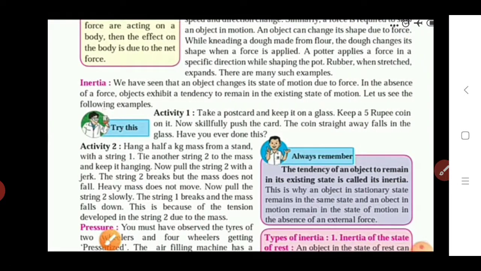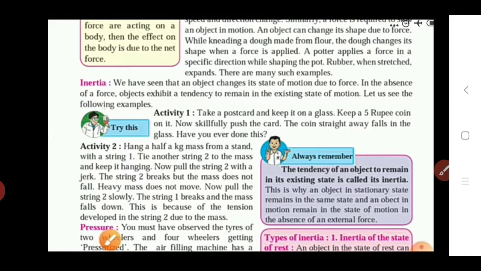That is activity 2: hang a half kg mass from a stand with a string 1, then attach another string 2 to the mass and keep it hanging. Now pull the string 2 with a jerk. Jerk means pulling suddenly.